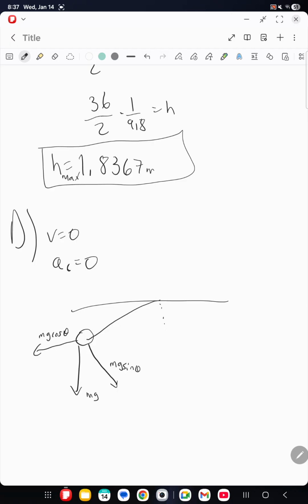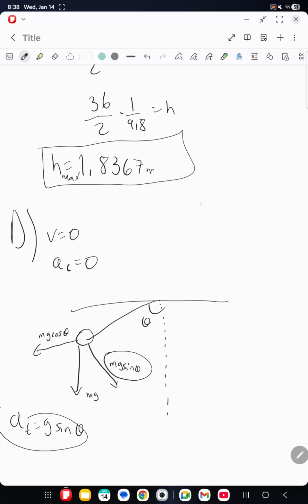This is mainly due to this angle right here, just like when we explored pendulum simple harmonic motion, we explained how theta here is the same as theta there. So even though we don't have centrifugal acceleration, we have tangential acceleration, which is g sin theta, which will be this one.